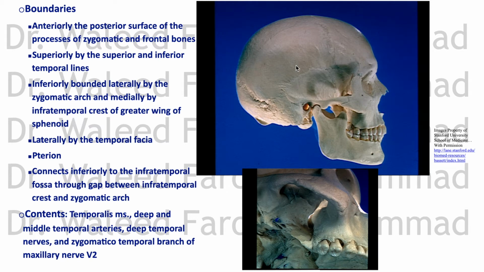Deep to temporalis, we have deep temporal nerves, deep temporal artery, and a middle temporal artery as the contents of the temporal fossa. It's an easy region to study, and it's a good topic for multiple choice and essay as well.